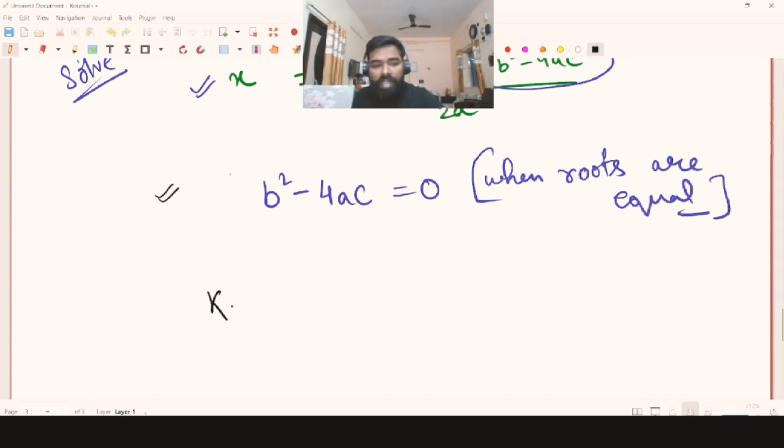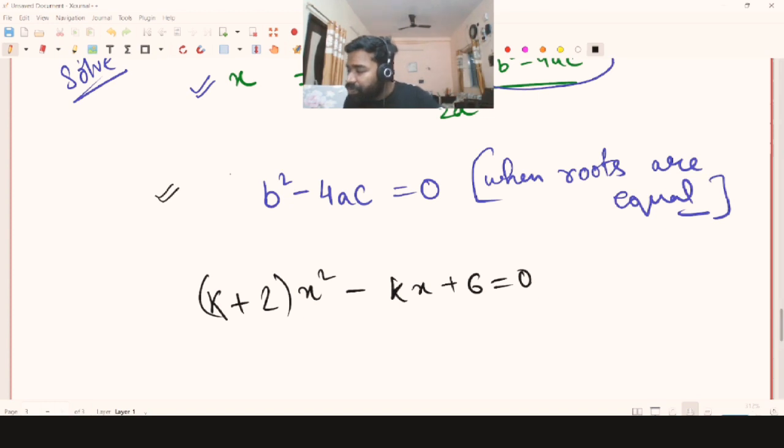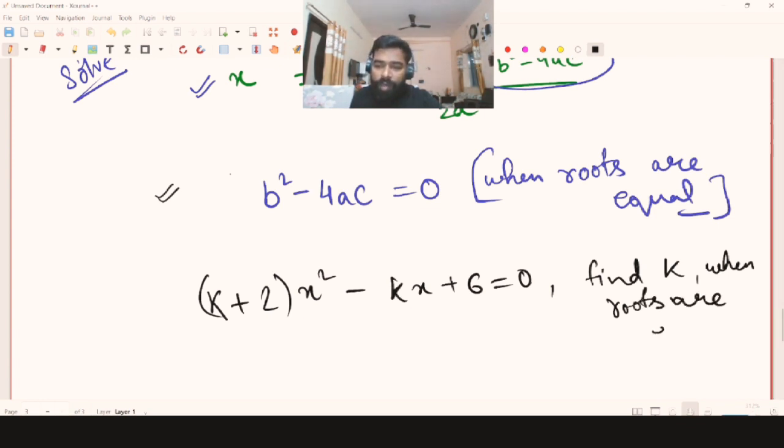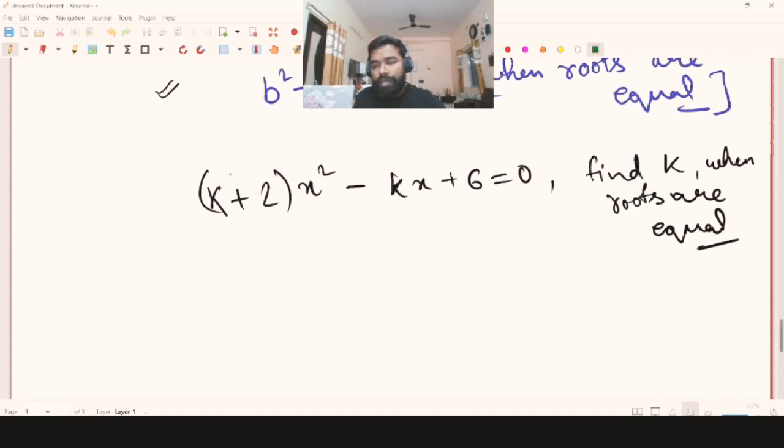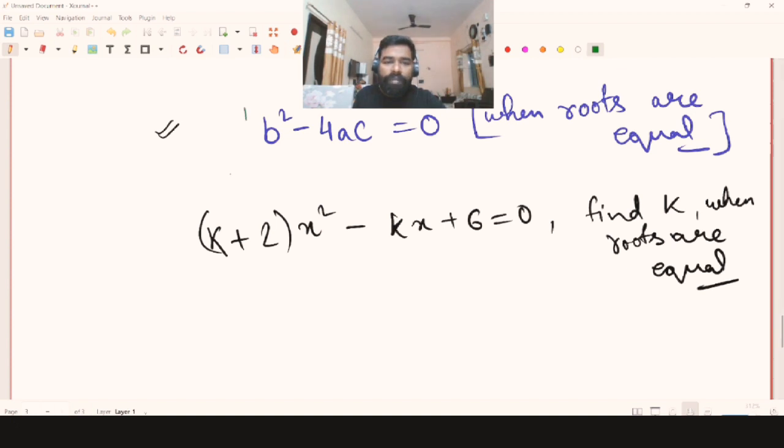So let me take one: k plus 2 times x square, minus kx, plus 6 equal to 0. We have a quadratic equation and we need to find k when roots are equal. As I just discussed, b square minus 4ac will be 0 whenever roots are equal.